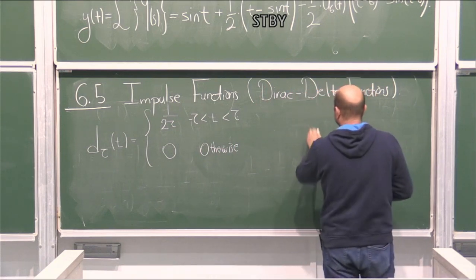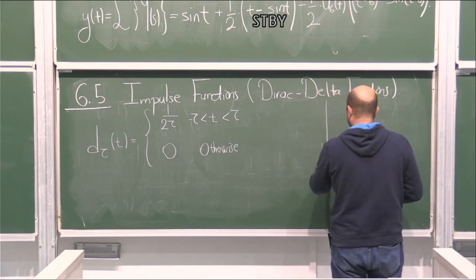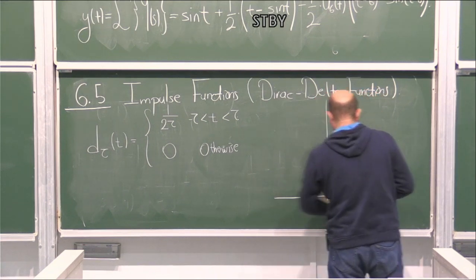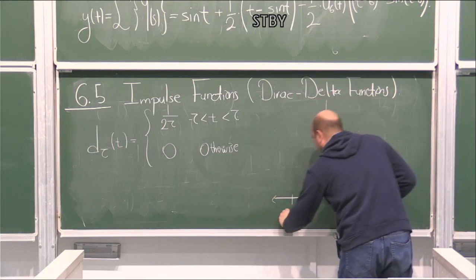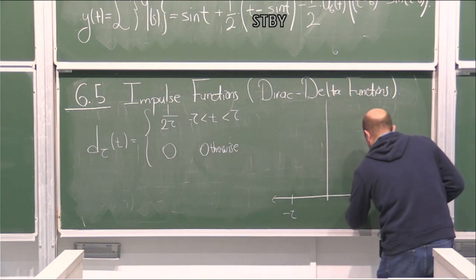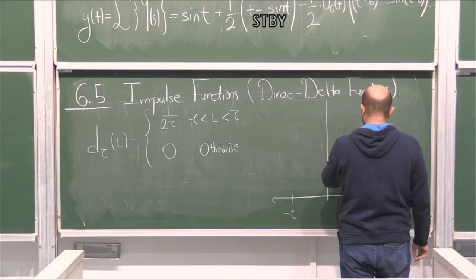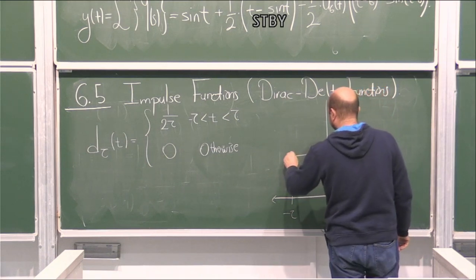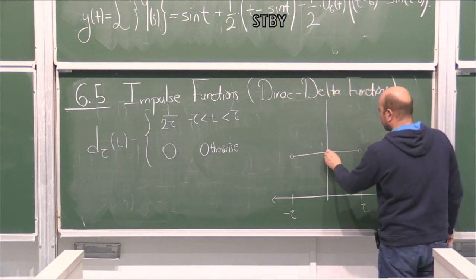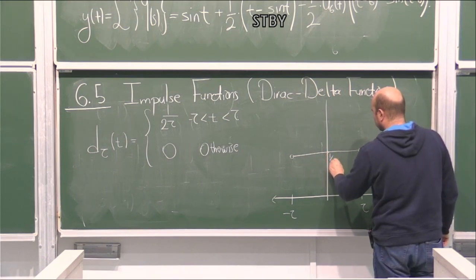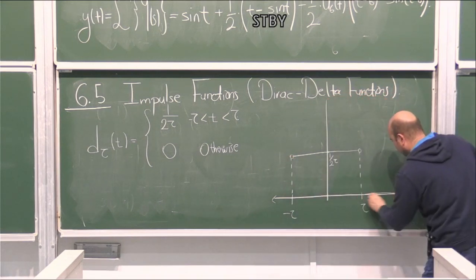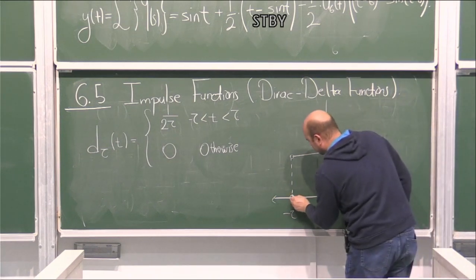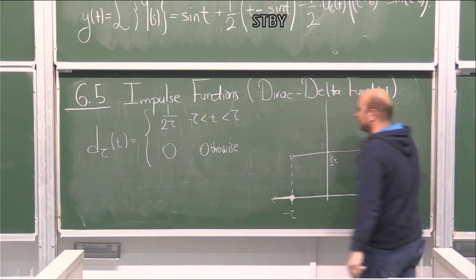So if you look at this, this is minus tau, and this value is 1/2 tau, and it's completely zero otherwise. Okay. This is what we have.